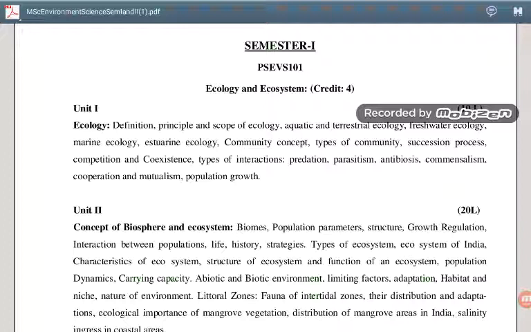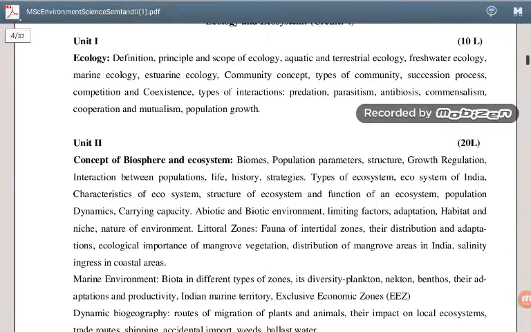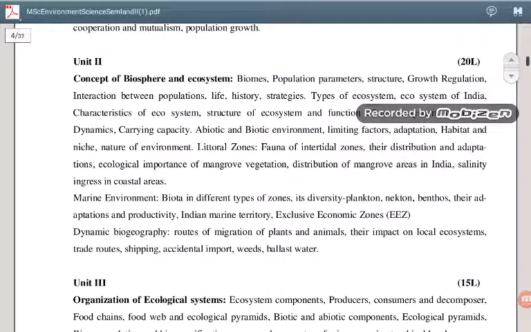So we have to deal with certain ecology related topics in unit 1. In unit 2, we have to study certain concepts of the biosphere and ecosystem. So what is the biosphere, what is an ecosystem, what are its components, what are the functions, all that we have to deal with in unit 2.